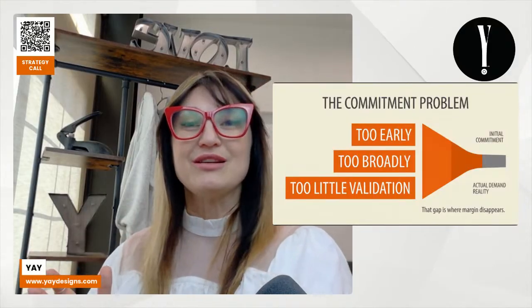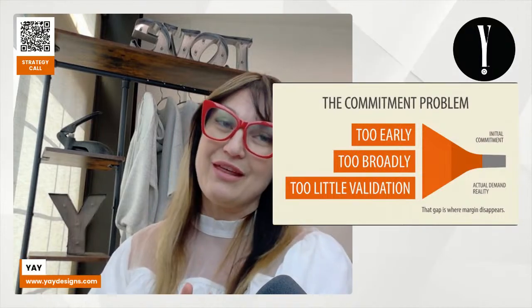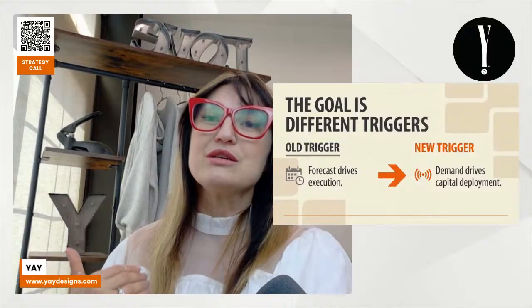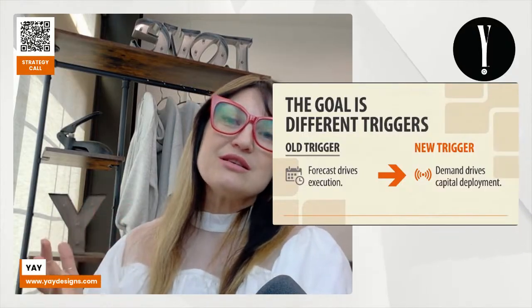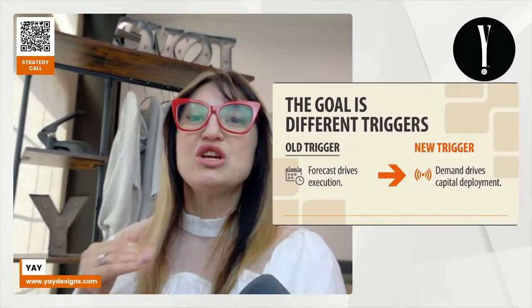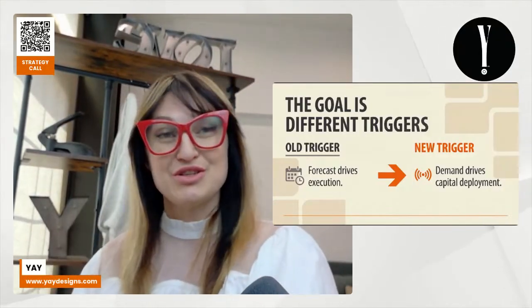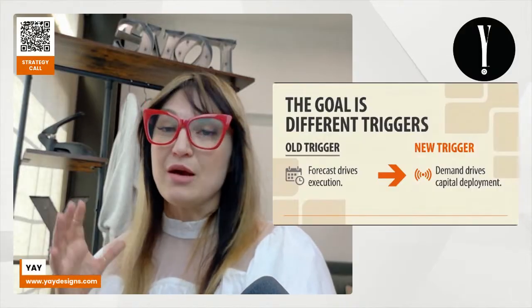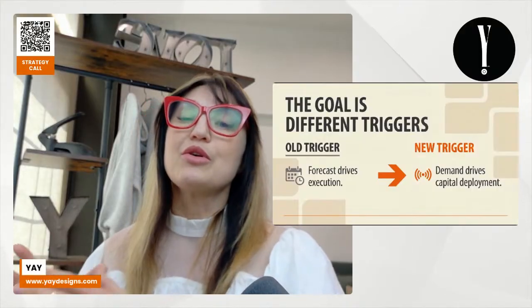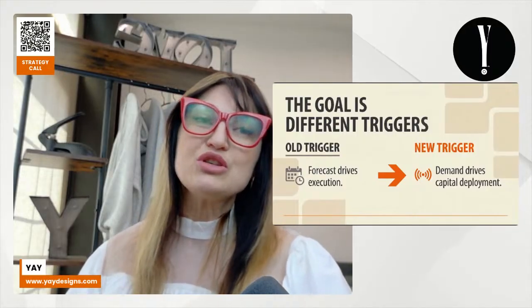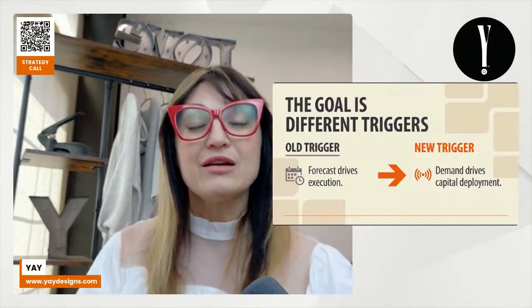Now let's shift into the design of that process itself. An agile system does not eliminate planning. It changes what drives execution. Instead of committing everything up front, you're creating decision gates. You are able to react quicker.